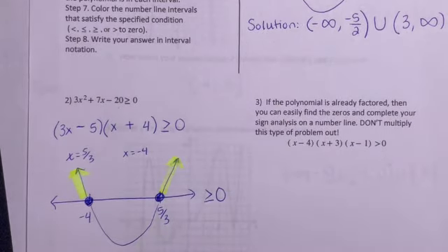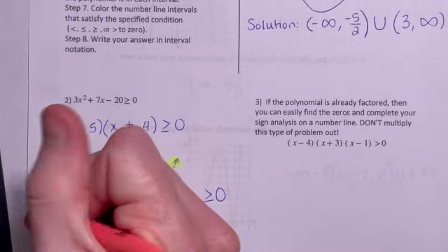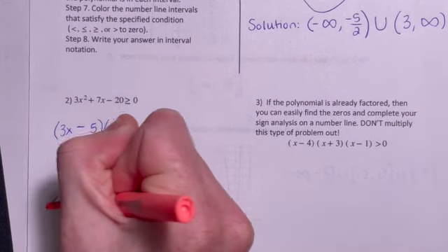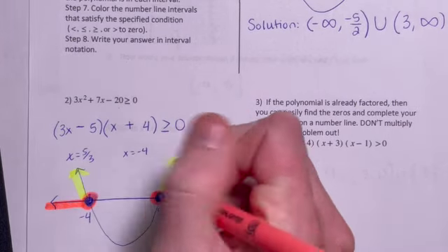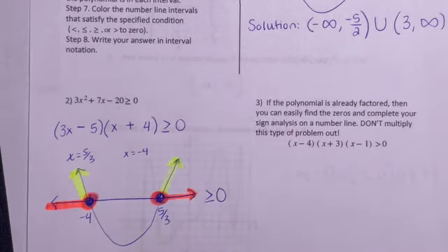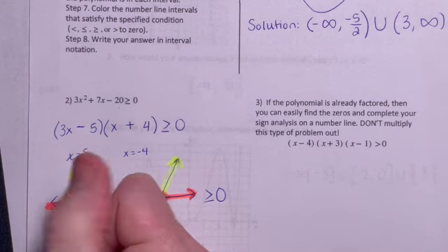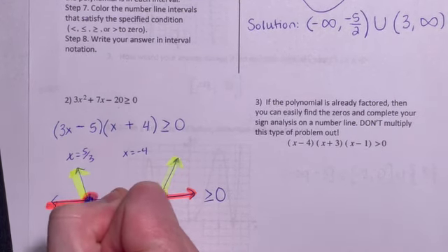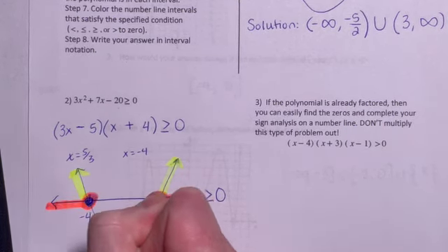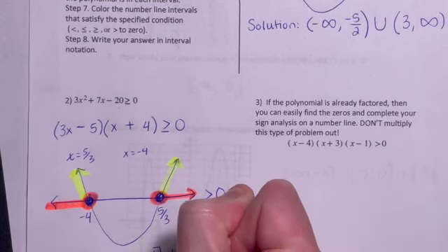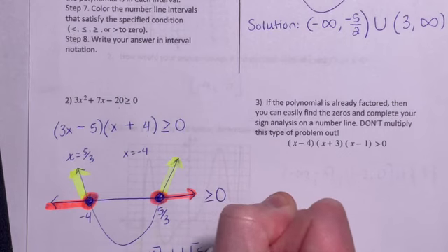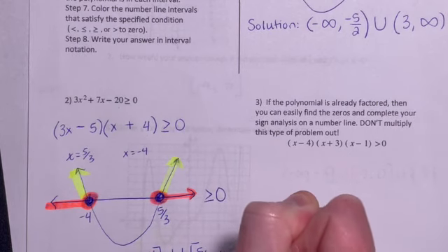Notice this time it's not just greater than, we're doing greater than or equal to. So these are the values before -4 and after 5/3. We would want to write our solution as -infinity up to -4 with a bracket, union, and then bracket 5/3 to +infinity.